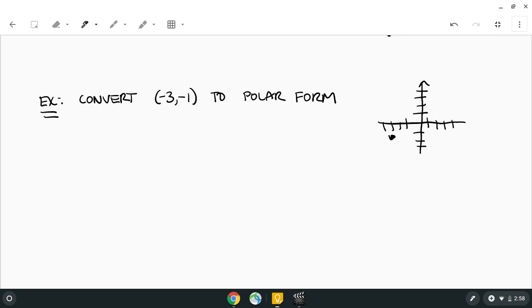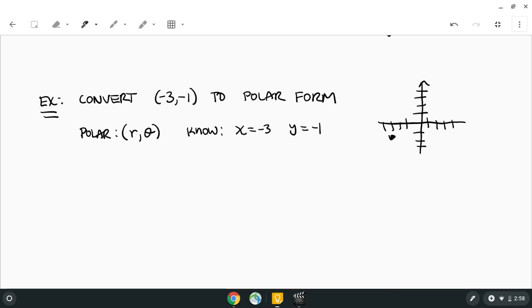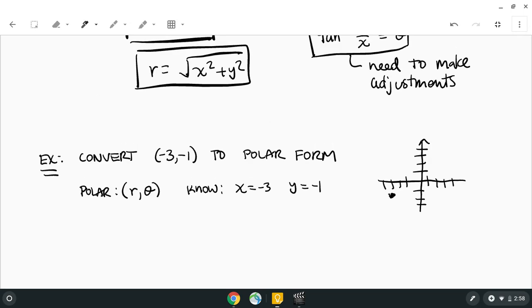All right, so polar form is r, theta. So we're going to need to find r and theta. And all we know is x equals -3 and y equals -1. We have a formula for r. It's right there. r equals the square root of x squared plus y squared.